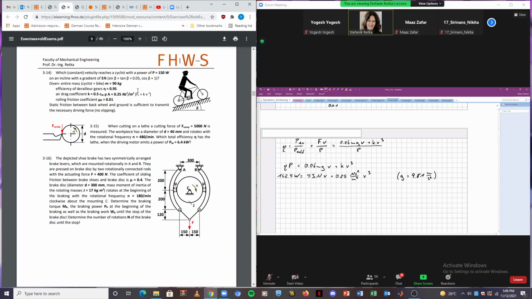And now I would assume that the second component of the equation is much smaller than the first part of the equation. So I will rearrange the equation, and then it will become clearer.